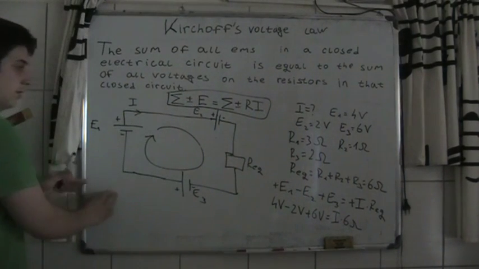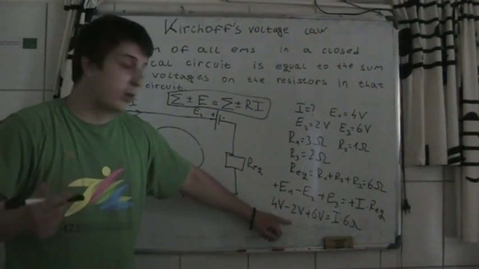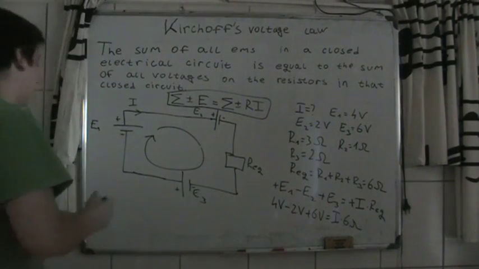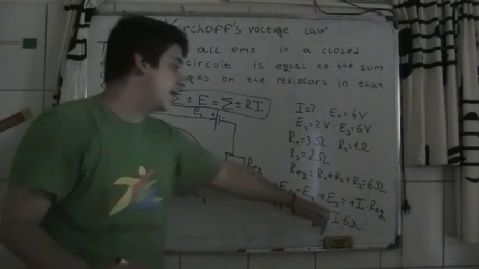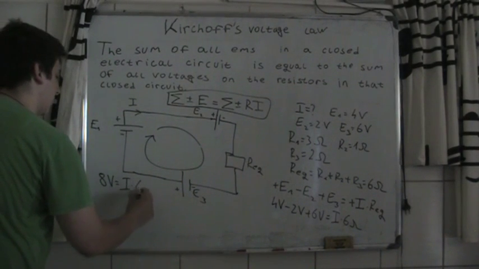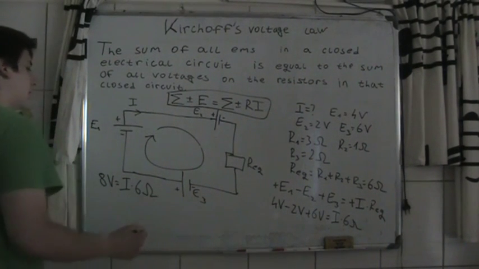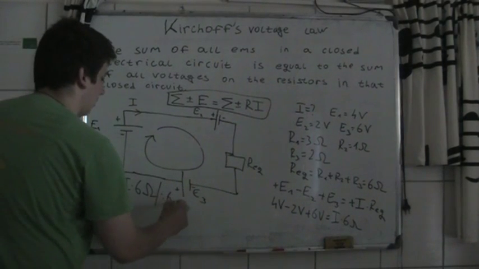I'm going to work here now. 4 minus 2 is 2, plus 6 you have 8 volts, equal to I times 6 ohms. You divide the whole equation by 6 ohms.